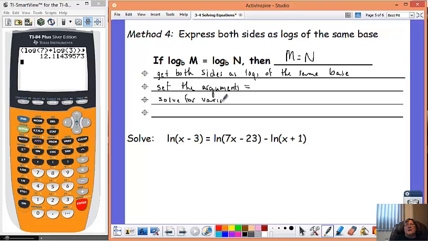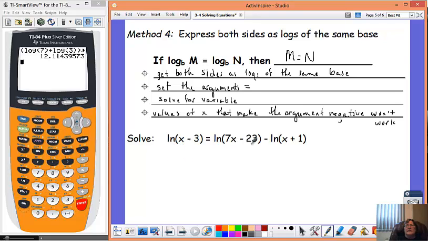And we are going to remember our same caution that we had last time: values of x that make the argument negative are no good. You just can't have them, so they won't work.